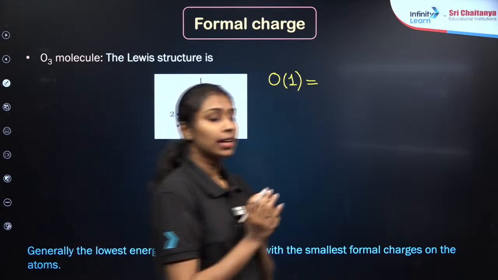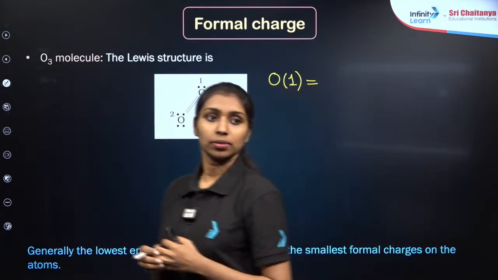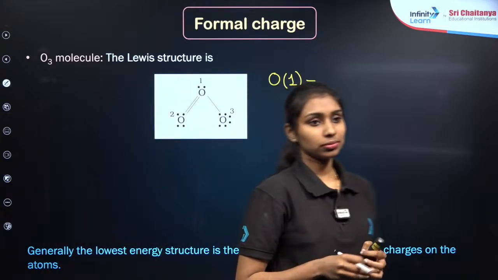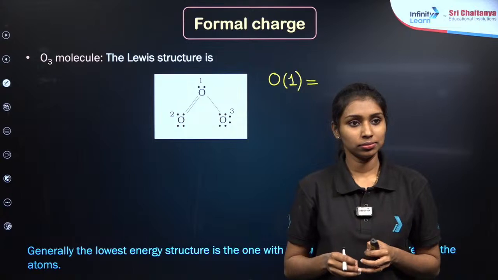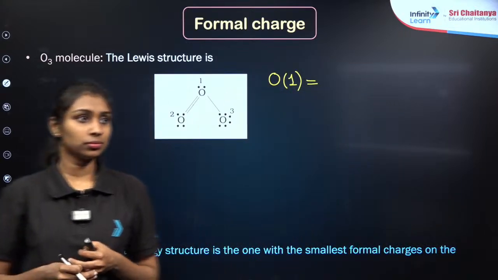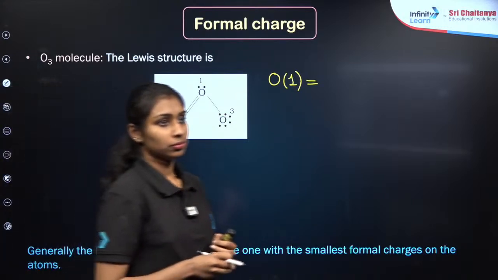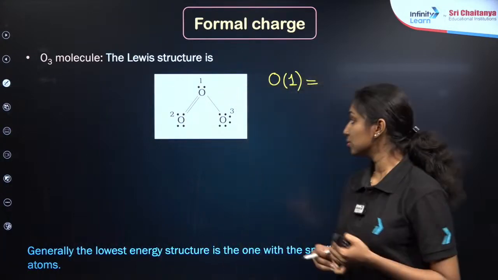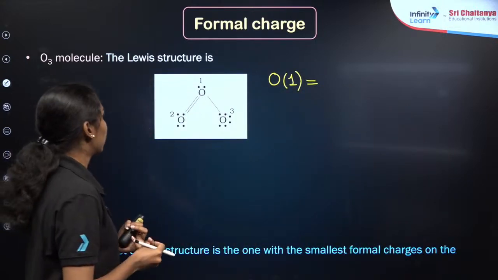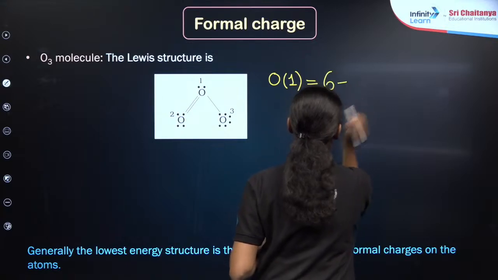What is the total number of valence electrons in the free oxygen atom? Oxygen has 6 valence electrons, right? So I am taking 6 as the valence electrons.